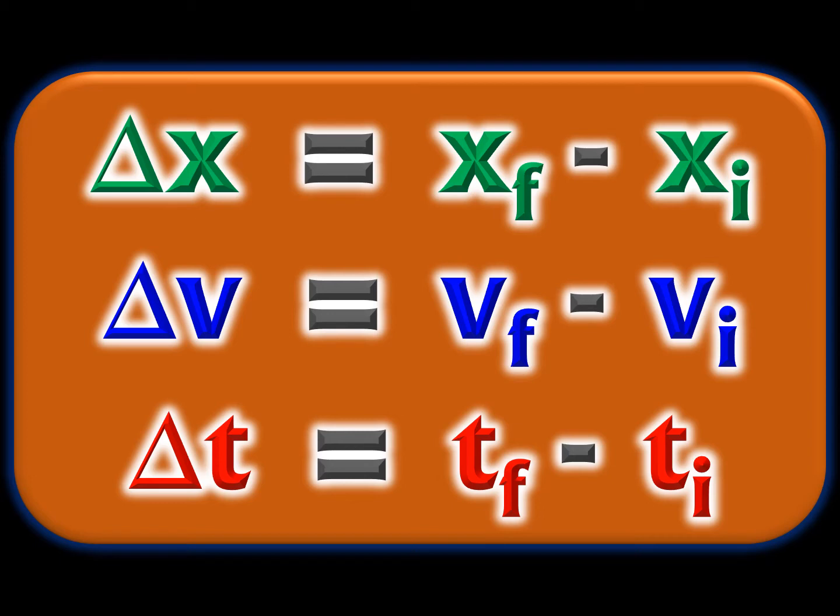Just don't do it backwards or you might get negative values when they should be positive and vice versa. We take the one where we end minus the one where we began. That's what we mean by the deltas, the change in position, the change in velocity, the change in time. Now why are we representing position with x? Because we're considering things moving along the x-axis.